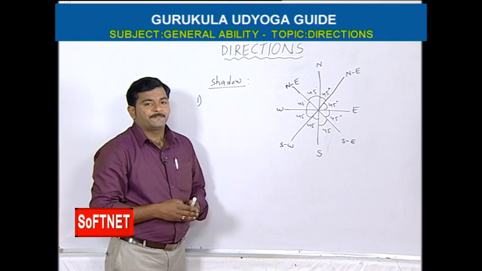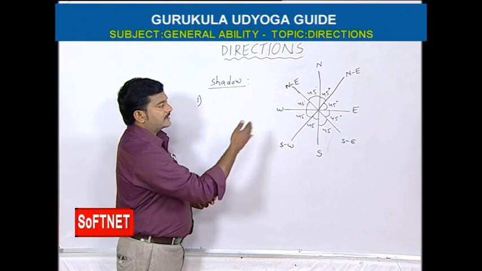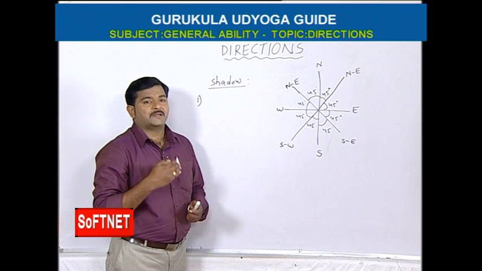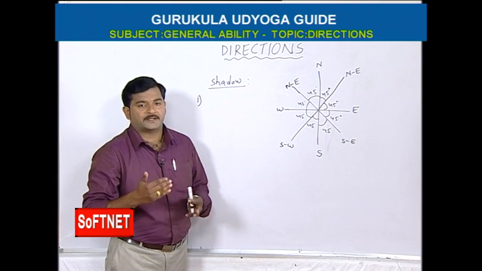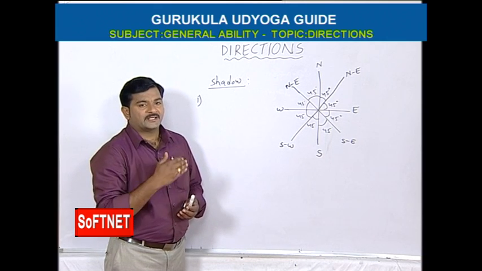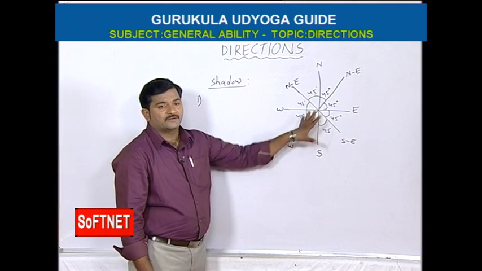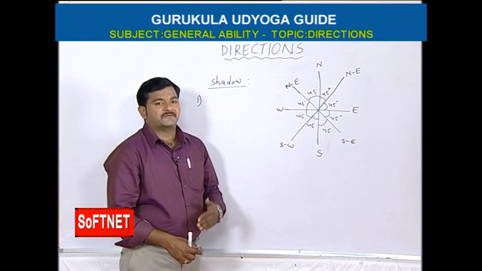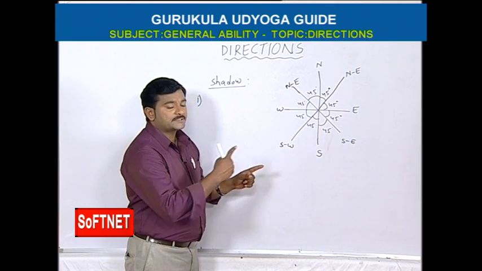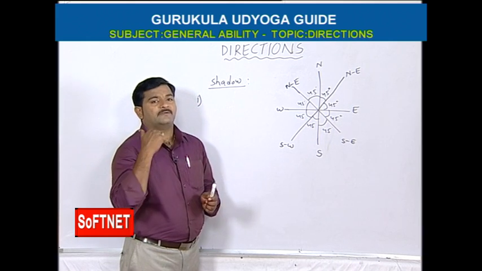First point in shadows. For example, at the time of sunrise. We know already, sun rises in the east and sun sets in the west. So now at the time of sunrise, indirectly morning time, if the person is facing towards east direction, just have a look on this diagram. In the morning time or at the time of sunrise, if the person is facing towards east direction, then his shadow will be always towards west direction.